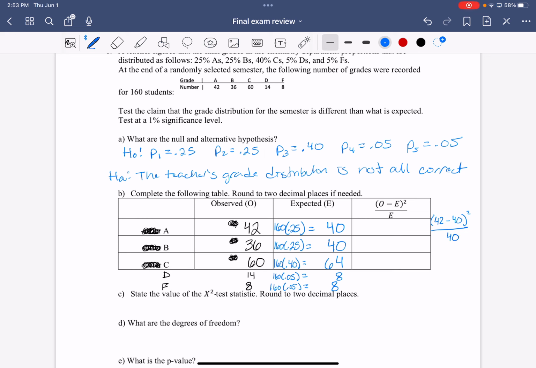Enter that into your calculators. That'll give you 0.1. I have a question. Is it the same if we do the up arrow and then just type a 2 to square it? Yes. And then our expected is, I'm going to go ahead and fill in the rest, and I'll give you a little bit of time to try these in your calculators to make sure you're able to get it.